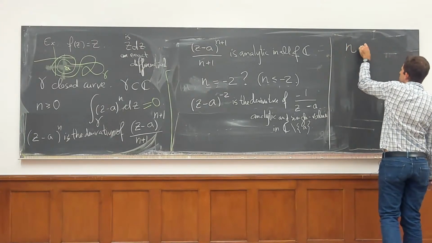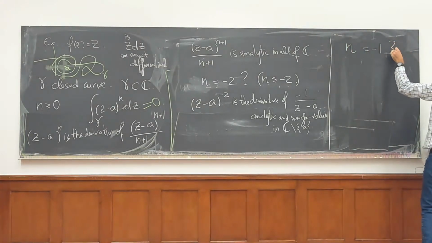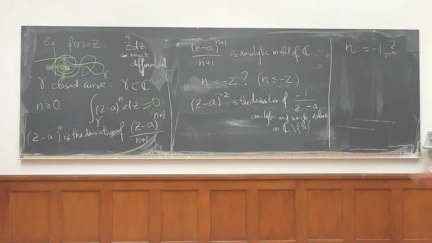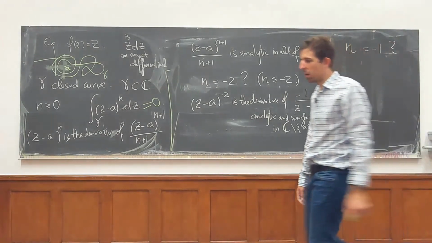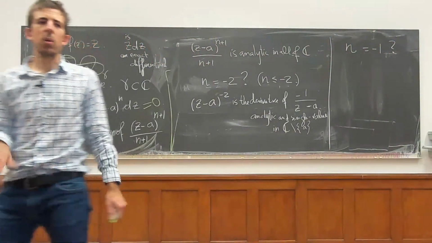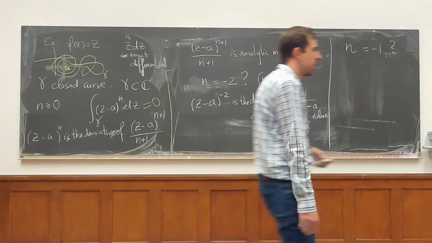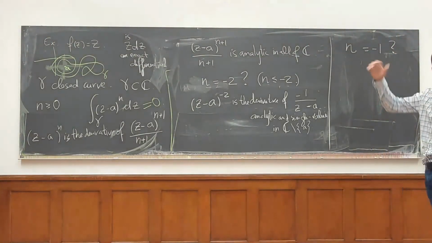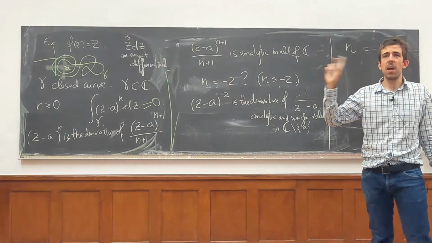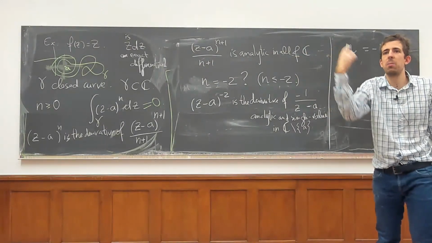What happens when n is equal to −1? It also has a primitive. We can take the log, but it's not clear that we can define it single valued, because part of the log is the argument, which is the angle, which is when I rotate, I go from 2π back to 0.